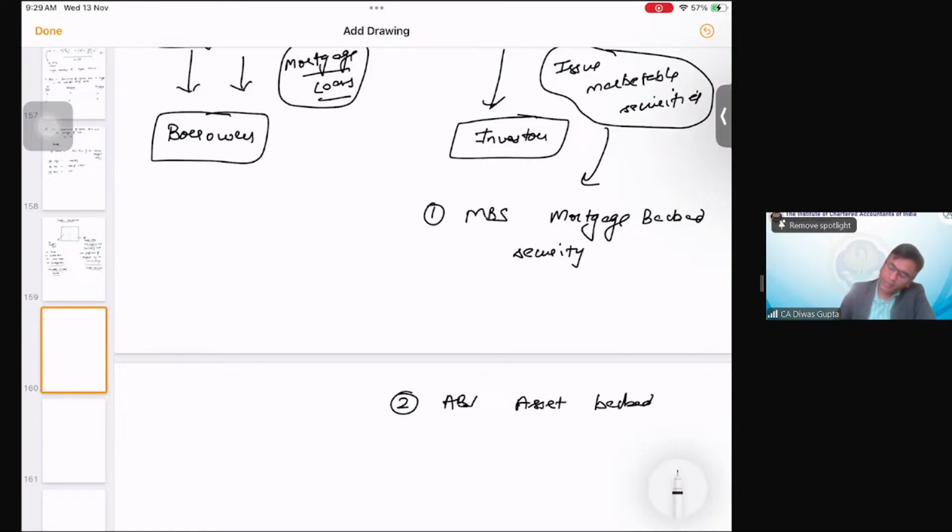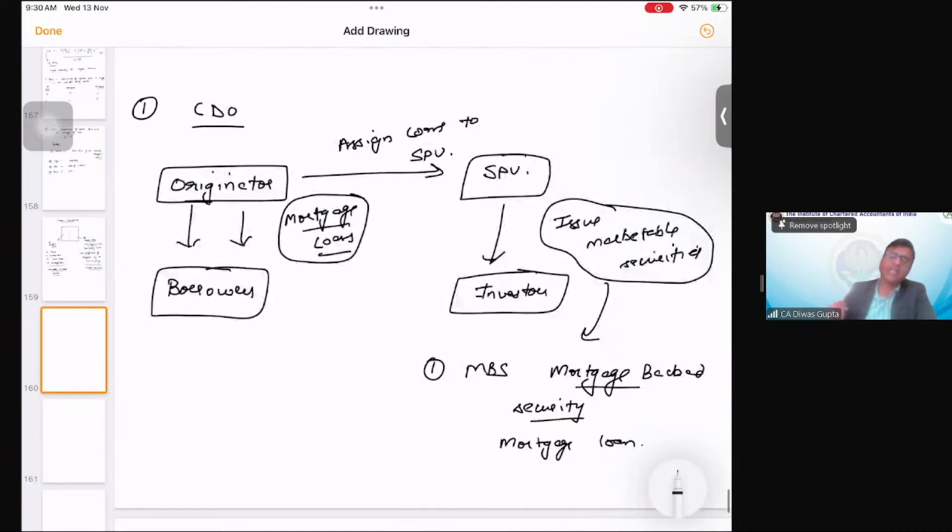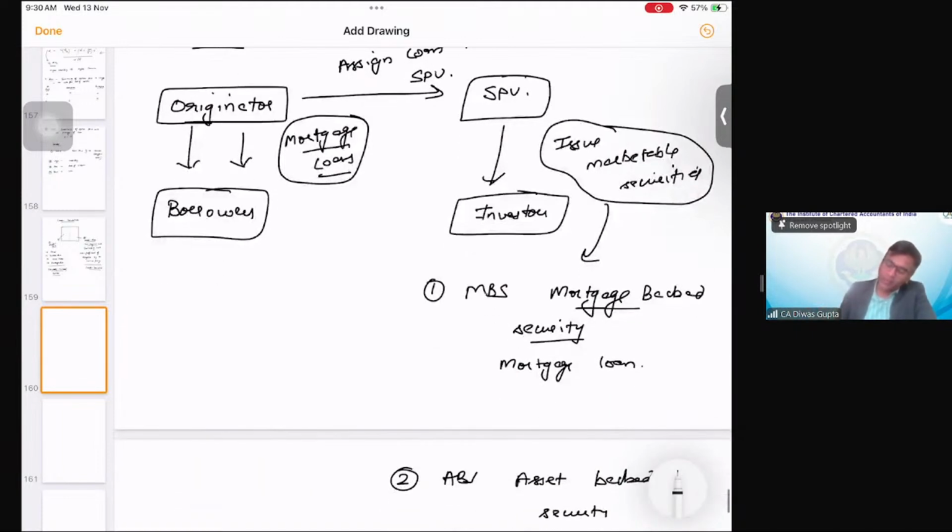The mortgage backed securities have underlying mortgage loans. What is a mortgage loan? These are generally home loans where the home is kept as a mortgage, right? So if there is a mortgage loan and a process of securitization happening and marketable securities are issued, those are called mortgage-backed securities.